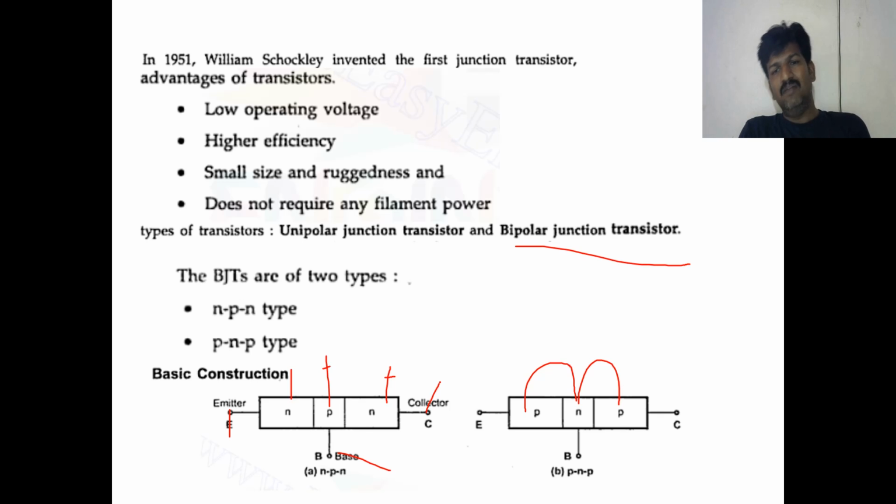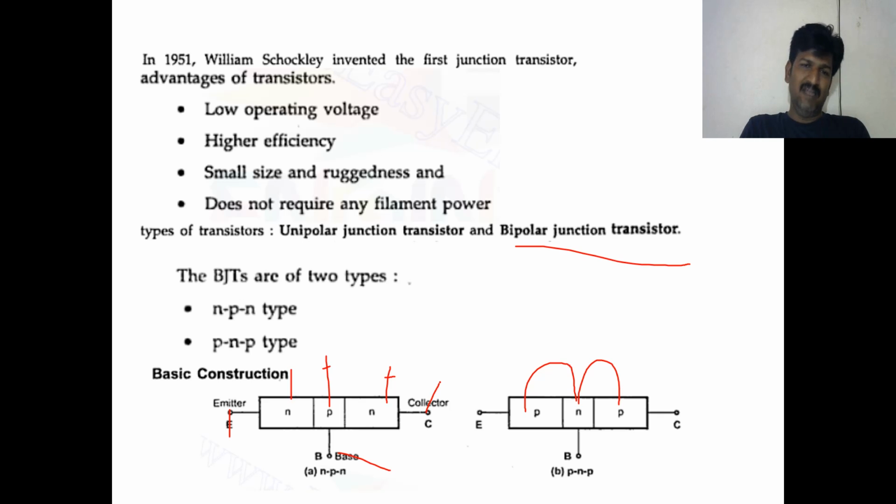In the PNP transistor, emitter is connected to P-type and collector is connected to P-type, but base is connected to N-type. Always remember, emitter and collector have the same type of material, but base has a different type of material.